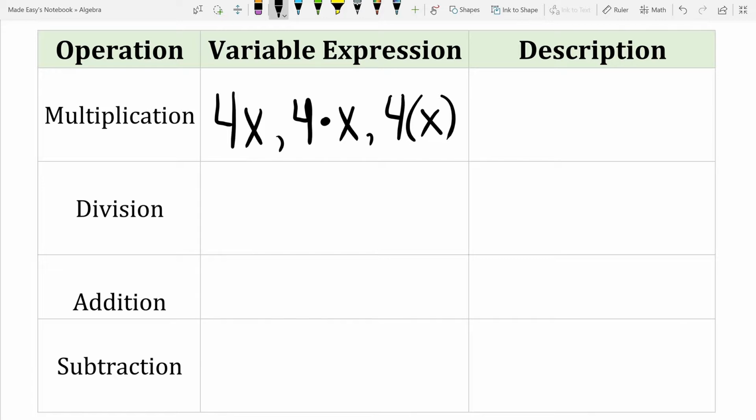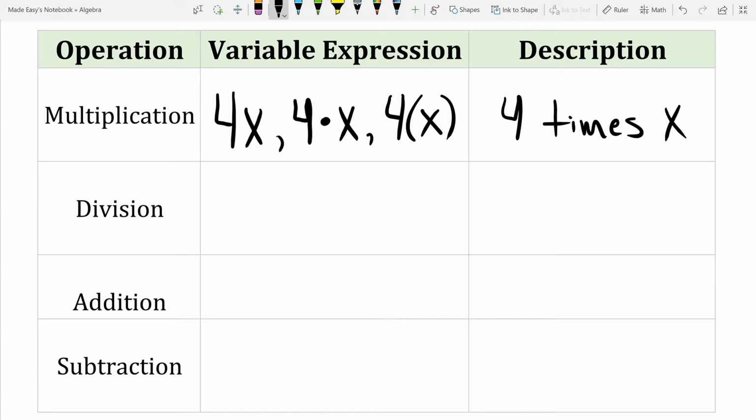Now it's important to note that we no longer use x to indicate multiplication, because we could easily confuse it for a variable. And for description, what does it mean if we wrote it out in English? Well, all these mean 4 times x.